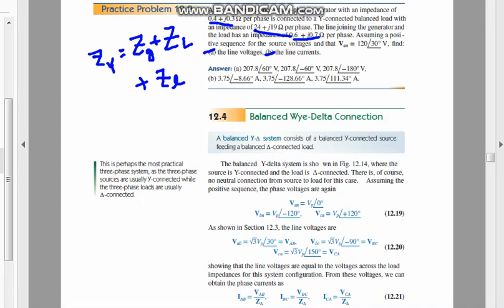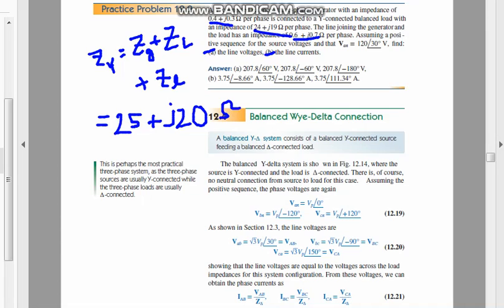The ZY will be 25 plus j20 ohms. So this is the Y impedance load.